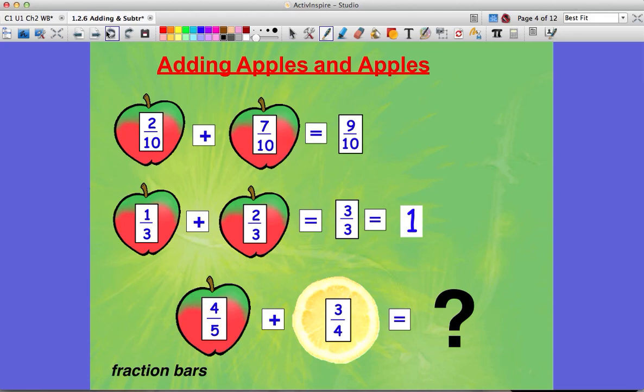So we talked about adding and subtracting like fractions. We can do that because the pieces, or the denominators, were all the same. Whereas in this case, if you look at the last problem, we have 4/5 plus 3/4. Well, since these pieces aren't the same size, we can't add them together correctly until they are.